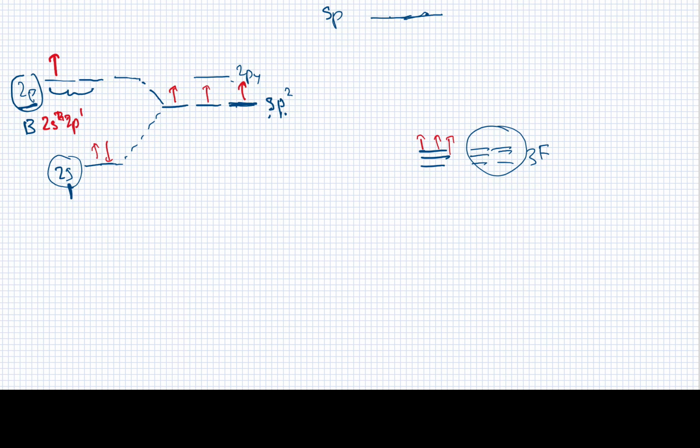All right, so when I combine these in a molecular orbital diagram with these 3 sp2 orbitals on boron, I'll now create 3 bonding sigma orbitals, 3 anti-bonding sigma star orbitals, and I think we can see that I've got 6 electrons now to assign.